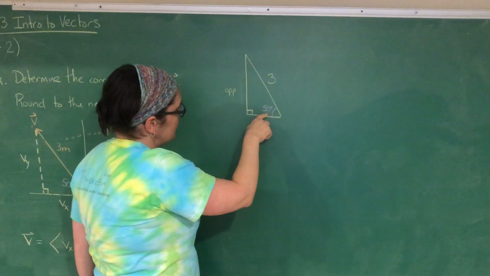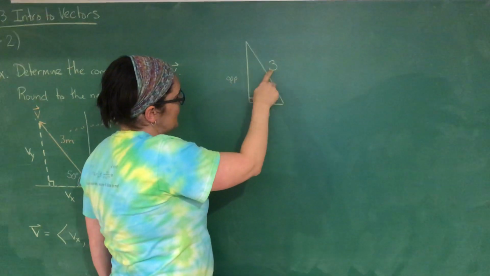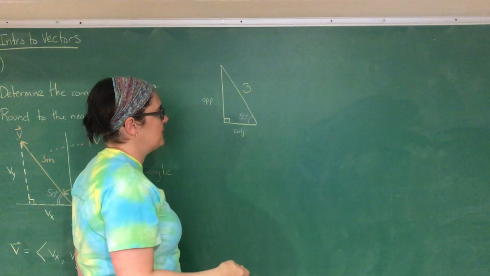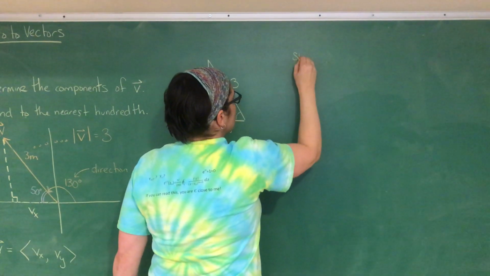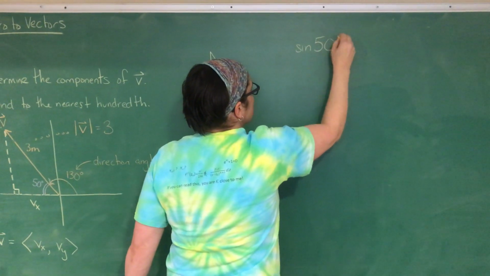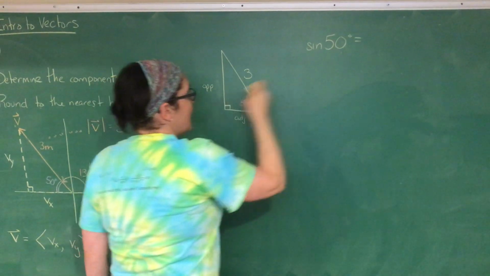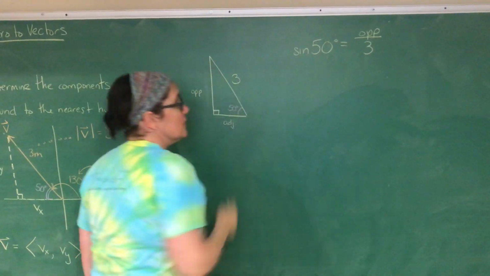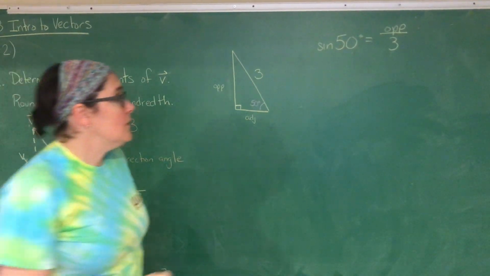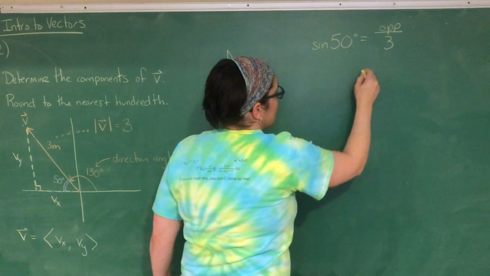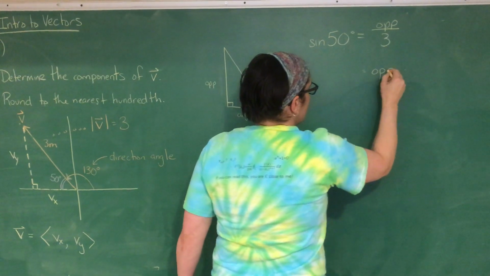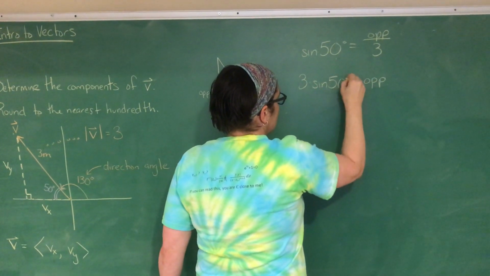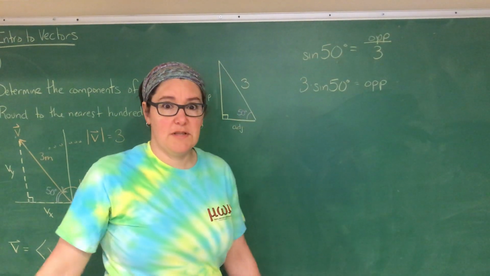And I know that if I'm looking for the opposite side and I have the hypotenuse, the sine function is opposite over hypotenuse. So sine of 50 degrees is our opposite side over our hypotenuse, which is 3. So I can solve this equation for the opposite side, and I have 3 times the sine of 50 degrees is equal to the opposite side.